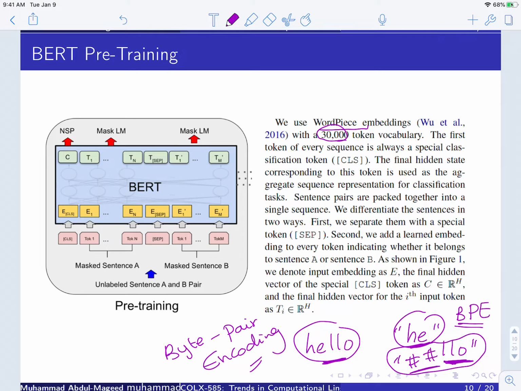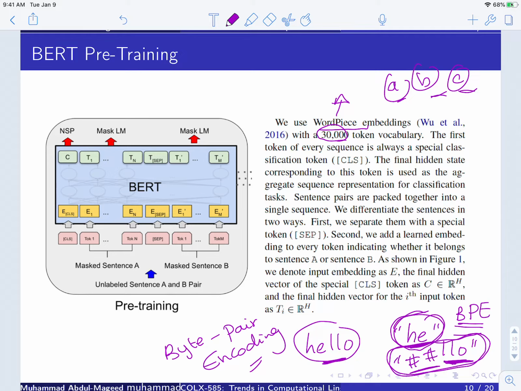The vocabulary will also contain A and B and C, like all the English characters. So even if you have a word that you've never seen before, it will still be represented, because we break it down into its components, which could be characters or concatenations of them. In any case, you'll get to know more about byte pair encoding, the algorithm that generates them, and how you can run the code in the lab.